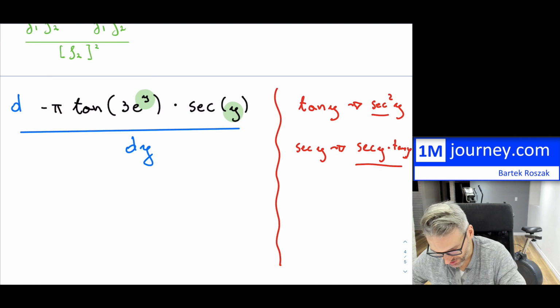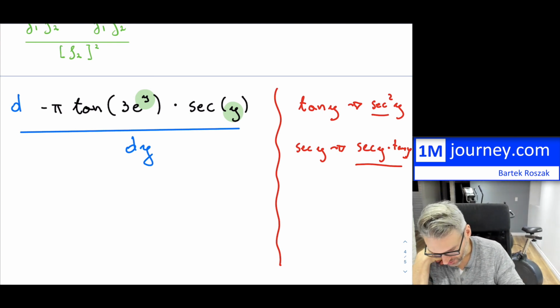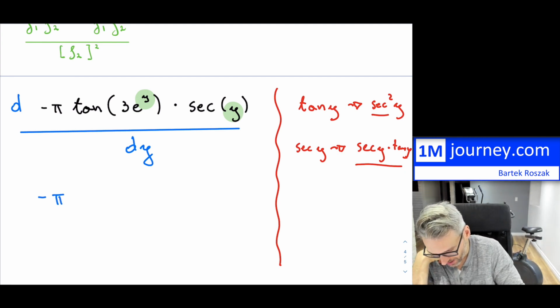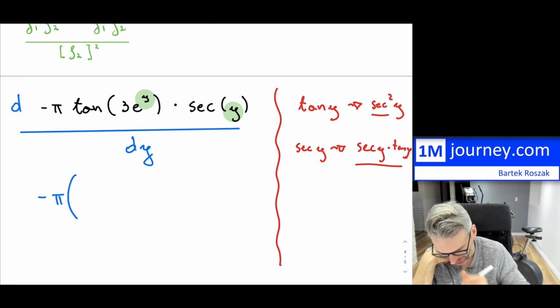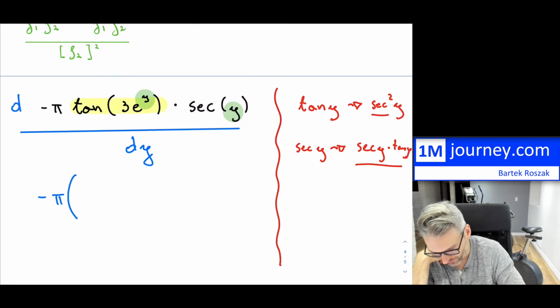The pi is just a constant. So, okay. So this is negative pi. And now that can be right in front. And now I can use the product rule. And the product rule is going to be used for these two. So here's my one function, and then here's my other function. So if I use the product rule there, let me take the derivative of the tan.